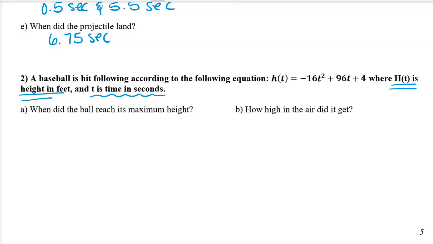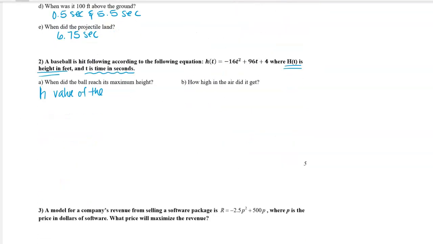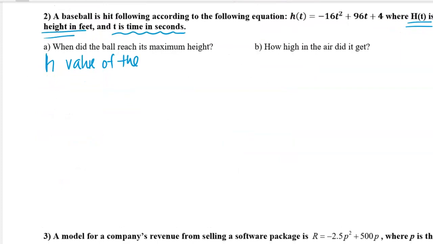So it is the H value of what, Val? Remember, go back and read your notes, the first few lines. The H value of the vertex.